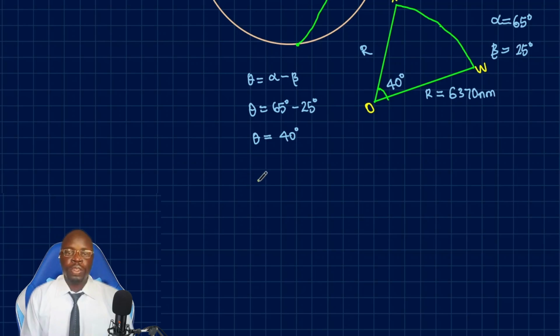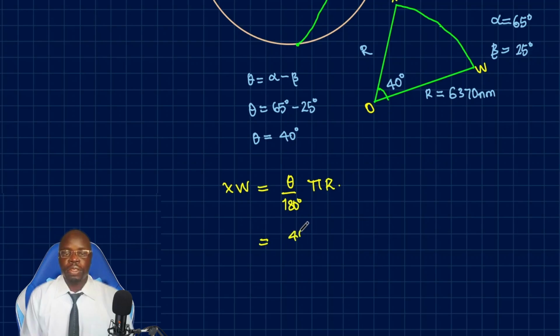What we have to do is to quote the formula to get the distance between W and X, and we say our XW is given by, let's use the second approach of the formula, which is theta over 180. Since we've already seen a calculation with 360, remember, we don't need to write the 2 here because it has reduced it to 180, and that is the radius of the Earth. Now we can make our substitution.